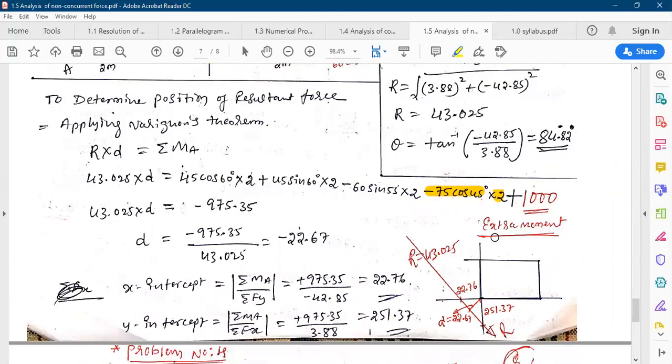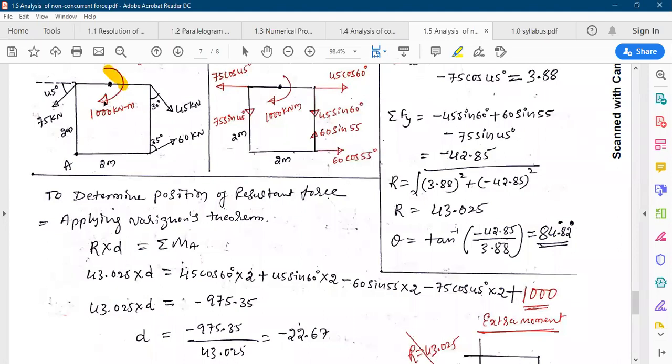Next is the additional moment, which is seen as extra here. That additional moment is 1000 kilonewton meter. The unit indicates it is a moment of force: force in kilonewton multiplied by perpendicular distance in meter.